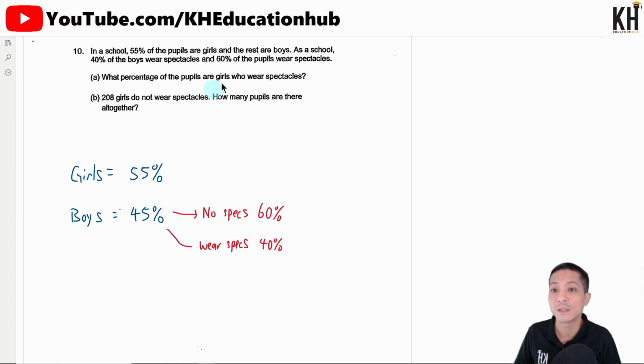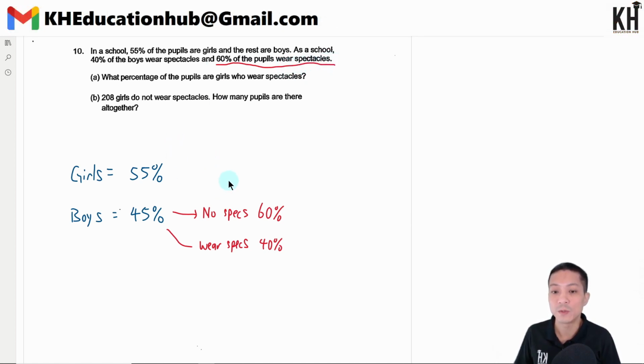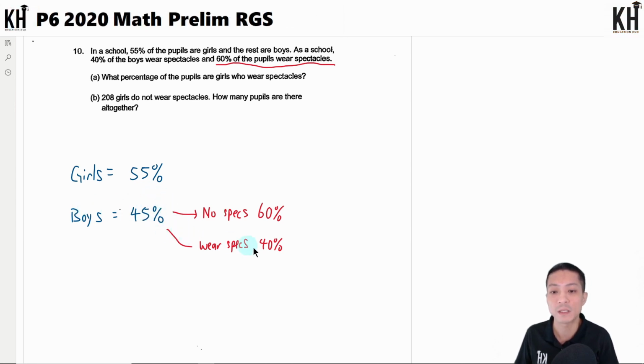Okay, and then it says that 60% of the pupils wear spectacles. Okay, so now the first step that you need to do is we need to find out exactly how much percentage of the 45% are the boys that wear spectacles.